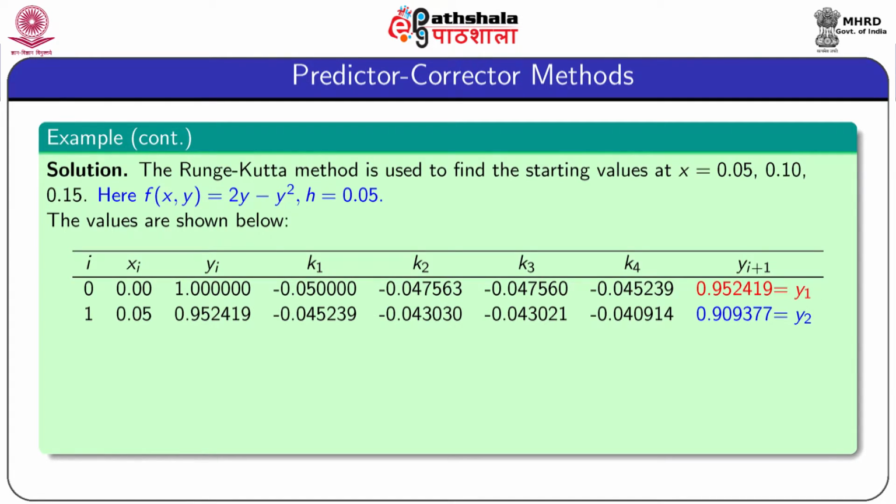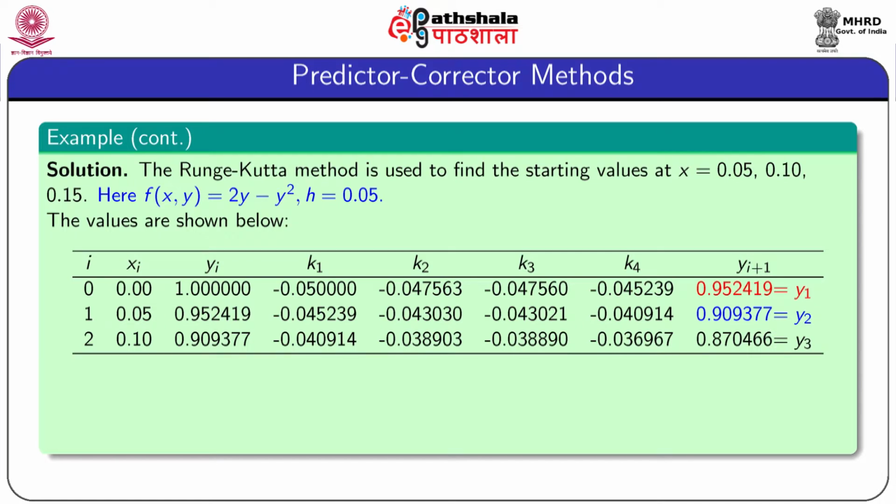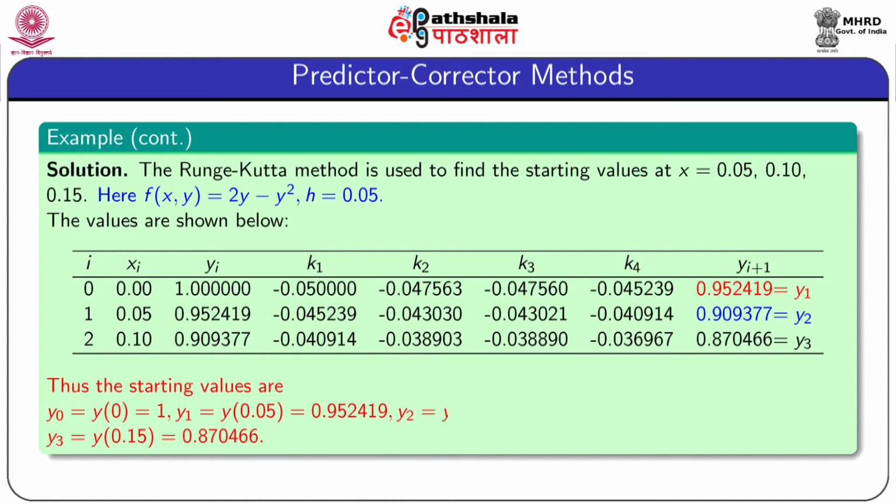Similarly, we use the same fourth order Runge-Kutta method to find the second starting value y2, which is equal to 0.909377, and the third starting value y3, which is equal to 0.870466. y0 is given, and that is 1.